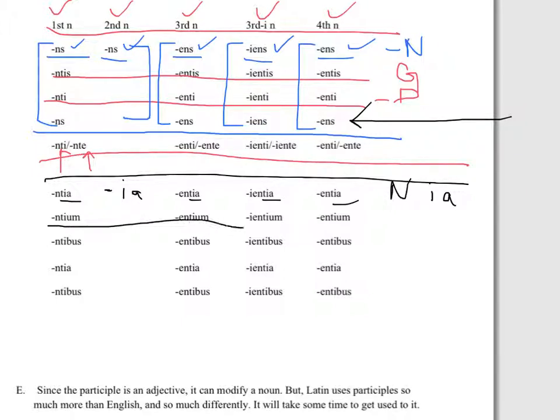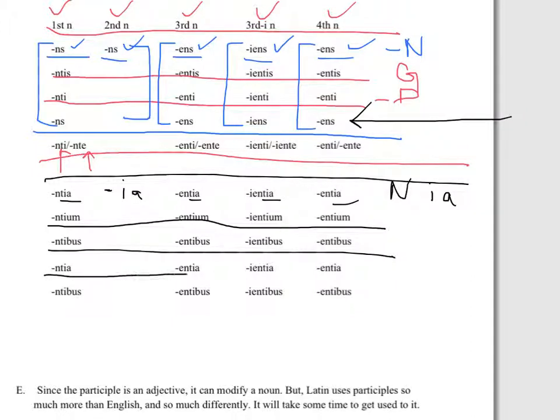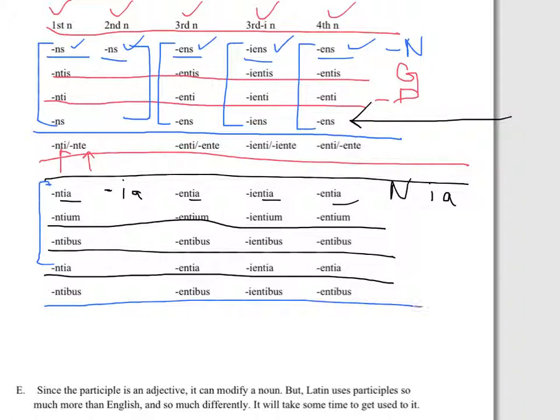The genitive is regular and predictable. The dative is super easy. The accusative has to be the same as the nominative because this is a neuter. And then you have the regular and predictable ablative. Nominative, genitive, dative, accusative, and ablative are all perfectly regular as long as you've understood this pattern earlier in the course.